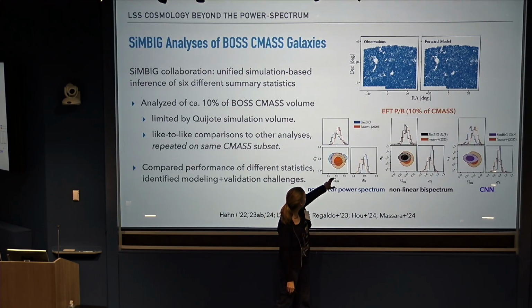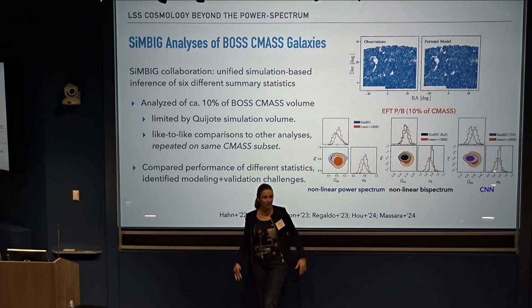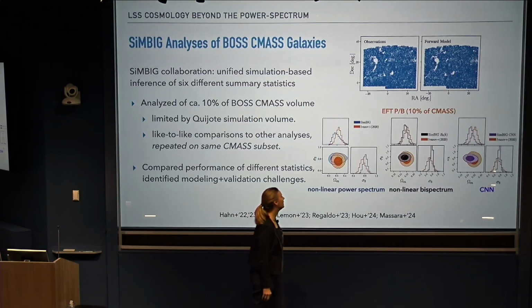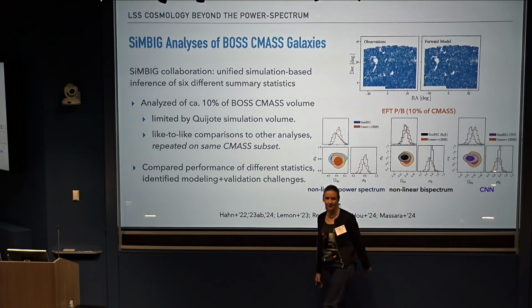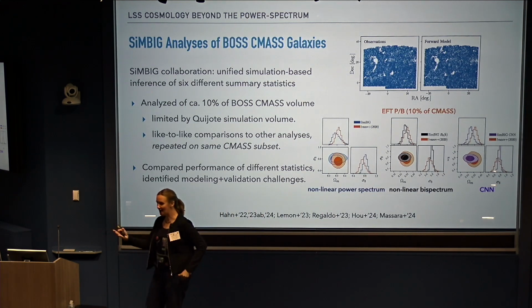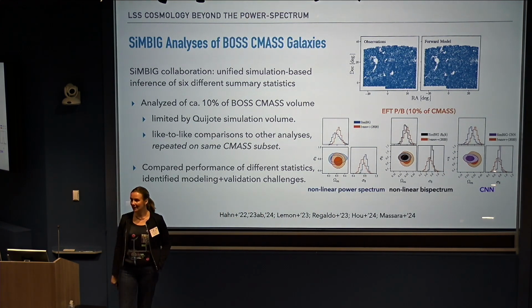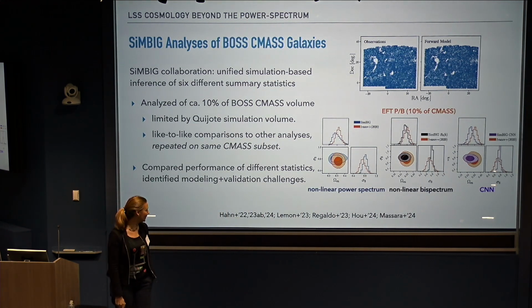So here you can see a SimBIG power spectrum, including nonlinear scales, compared to EFT power spectrum for that same subset of CMASS, the nonlinear bispectrum, and the CNN example. So clearly, yes, people are starting to extract information from higher order statistics.